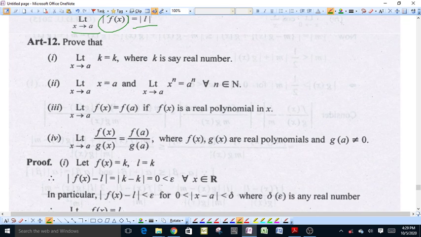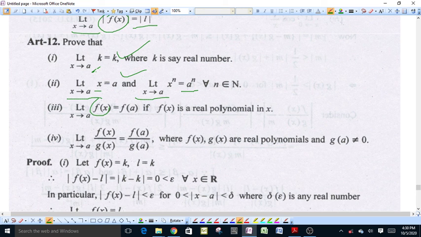Now see these results. In these results we prove some elementary results. The limit of a constant k as x equals a is equal to the constant k. Similarly, the limit of x as x equals a is equal to a, and this means the limit of x raised to power n as x equals a comes out to be a raised to power n, for n natural numbers.